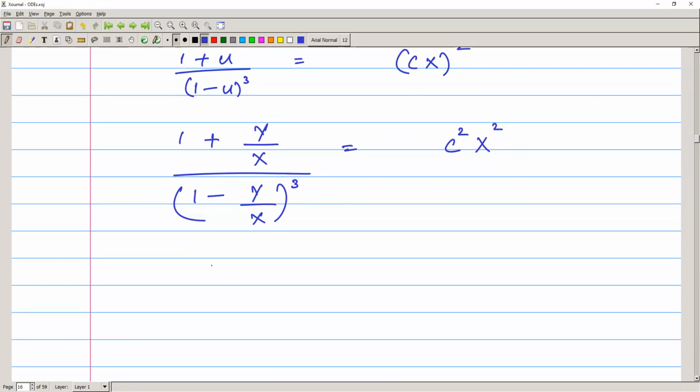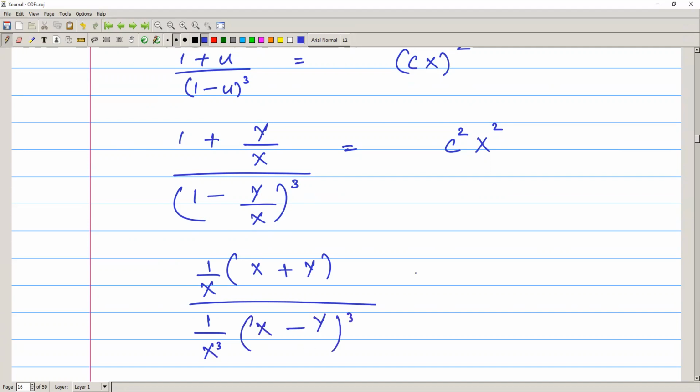Now if we just simplify this equation, what we will get here is, we can take 1 over x outside, so we'll get (x plus y), and again here we will get 1 over x cubed outside, we will get (x minus y) cubed, that is equal to c squared x squared.